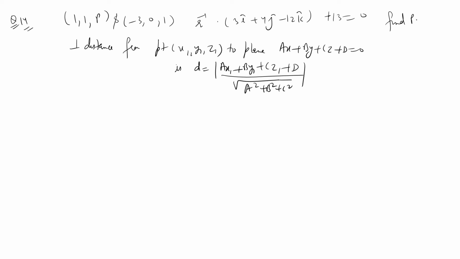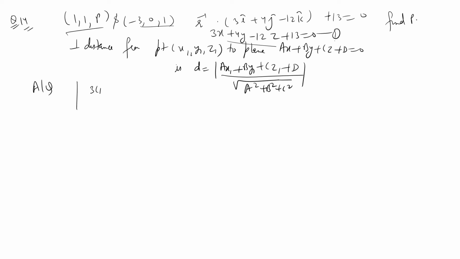Okay, so this Cartesian form of this plane is 3x plus 4y minus 12z plus 13 equal to 0. According to the question, the distance from this point to this plane is equal to the distance from this point to this plane. So let us frame the equation using this formula.